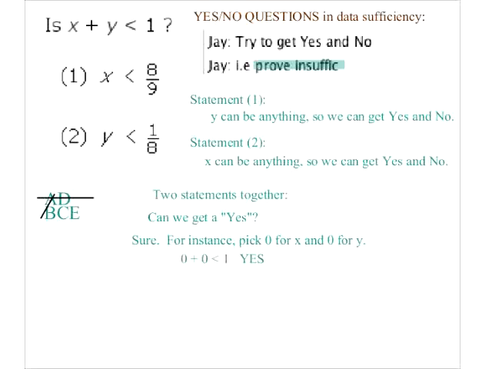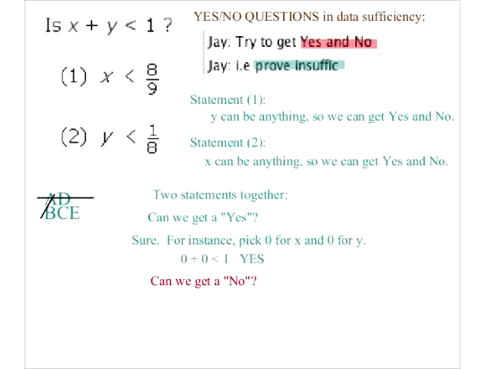So the real issue here, remember what we're trying to do. We're trying to get a yes answer and a no answer. So can we get a no? What do you guys think in the chat box? By the way, here are your statistics.